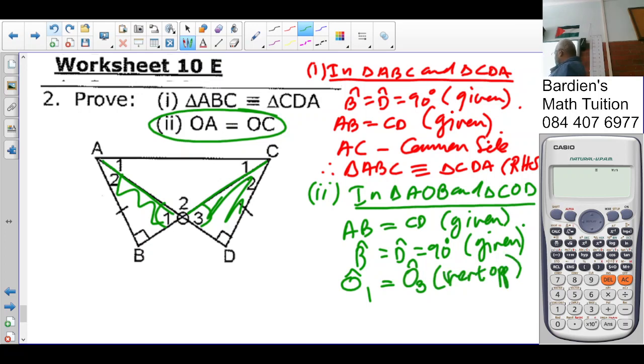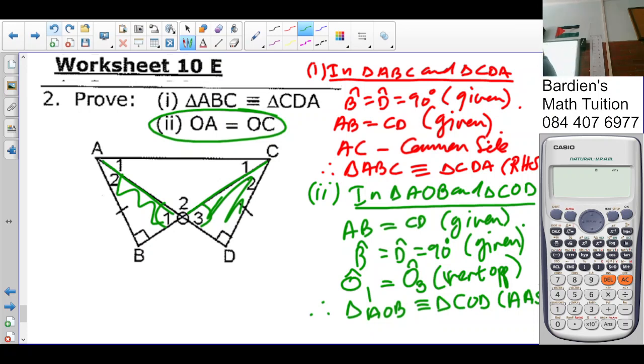Vertically opposite. So therefore, triangle AOB is congruent to triangle COD. Why? Have you used the 90 degrees? Yes. Have you used the hypotenuse to prove this? No. However, we use an angle and an angle, so this will be angle, angle, side.